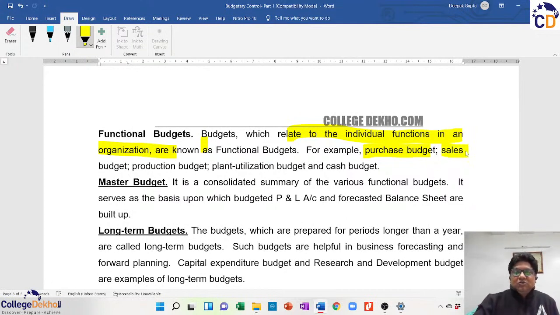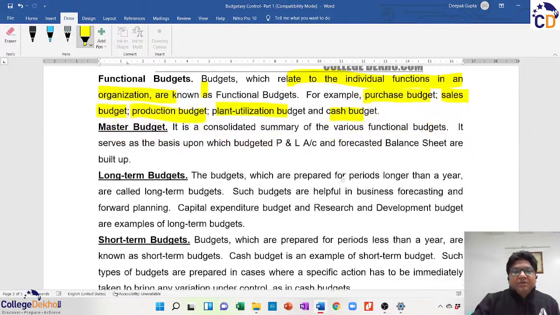Similarly, the sales budget, only the quantity budget or the financial budget. Production budget, unit wise or amount wise. Utilization budget, cash budget. So here a budget is made focusing on one particular function or item. If it is a cash budget, it will focus only on the inflows and outflows of cash. So all non-cash items will be ignored from the cash budget.